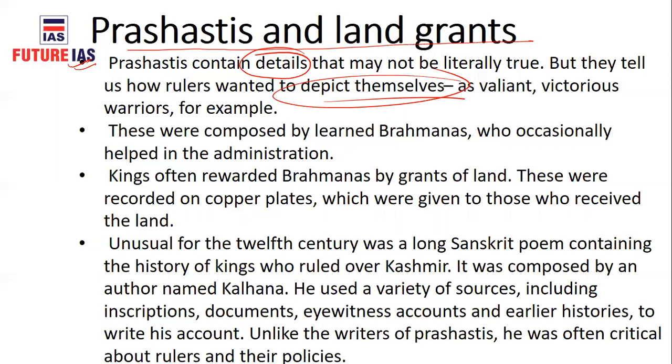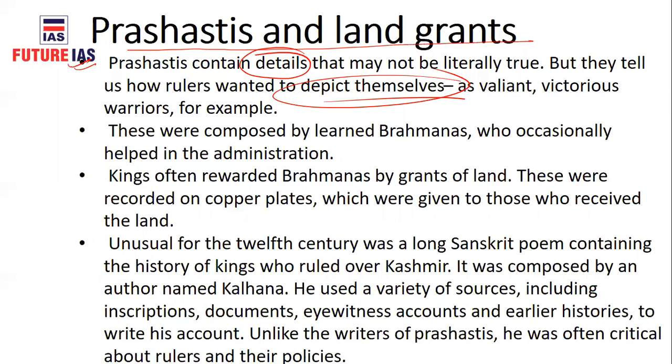Obviously, every ruler wanted to depict themselves in the most fascinating fashion. Say, I have the greatest valor, I am the greatest, the superhero, something like that. So they will be more valiant, more victorious, like the warriors of the kingdom. So that will show us how the rulers would want to depict themselves, right?